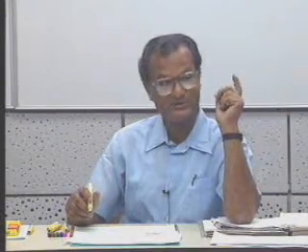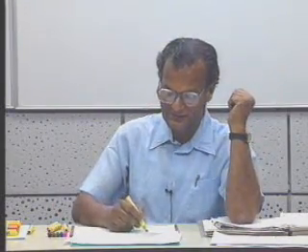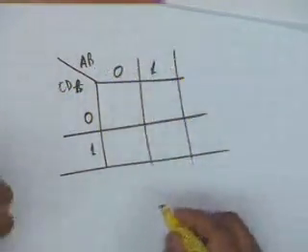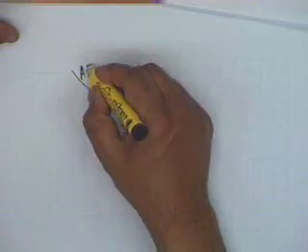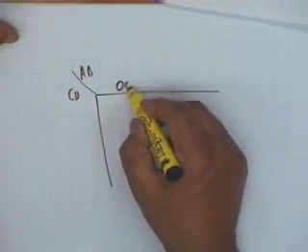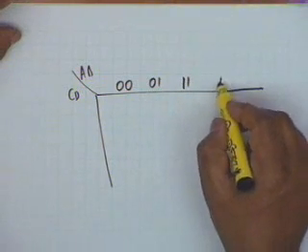It's simple. Suppose you have 4 variables. That is, you have, let's say, AB and CD. All right. Then you see the AB possibilities are 0 0, 0 1, 1 1, 1 0.